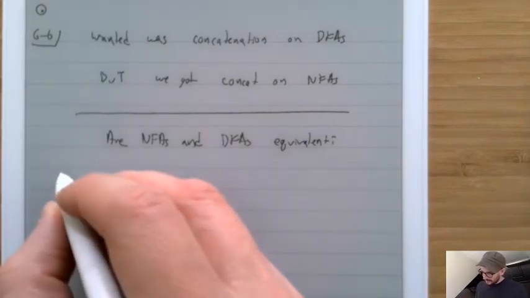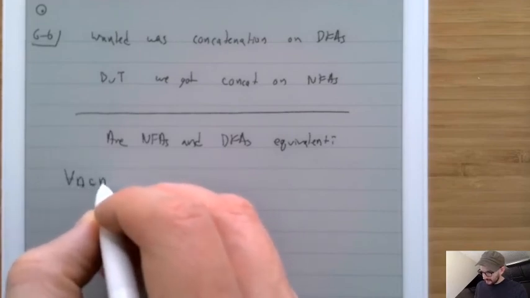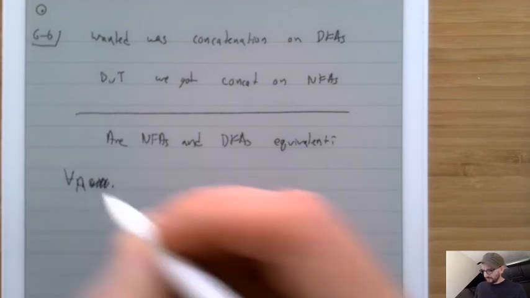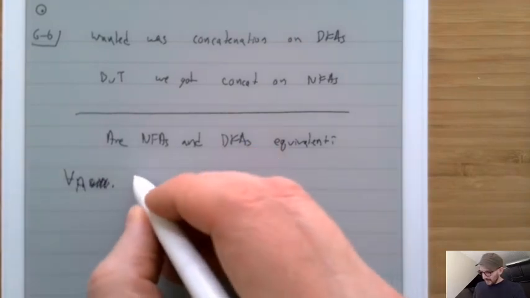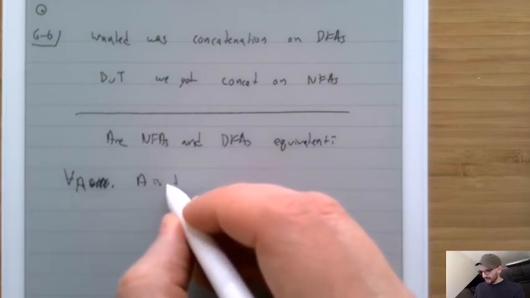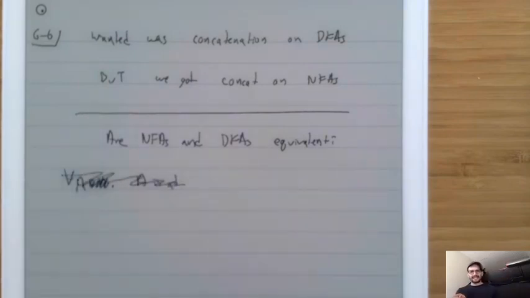What that would mean is that for all languages A, if A is a DFA, how do we even write this down? Because DFAs are machines and NFAs are machines, so how can we talk about them being the same thing?